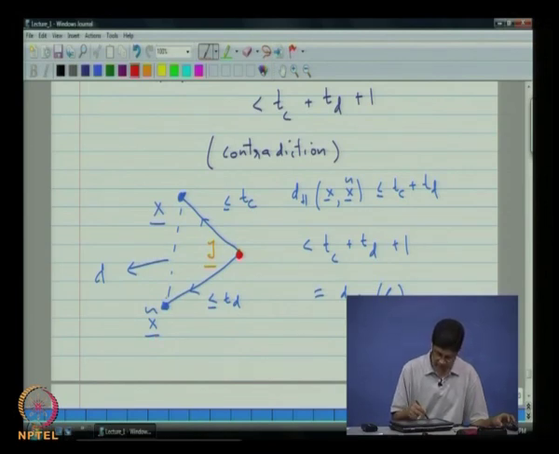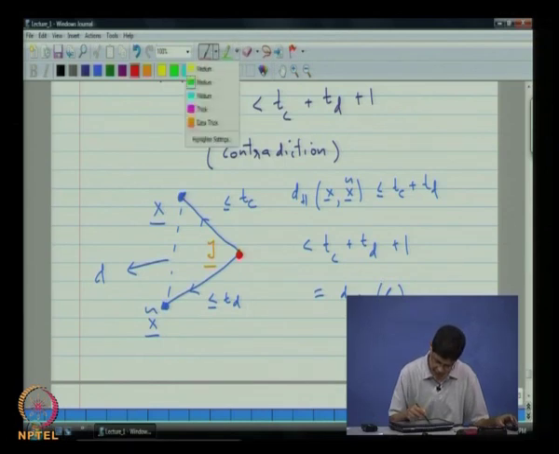But that would imply that there are two code words in the code whose Hamming distance is less than or equal to tc plus td, because this distance plus this distance is greater than or equal to the distance along the straight line path. So, let me just do one thing here.